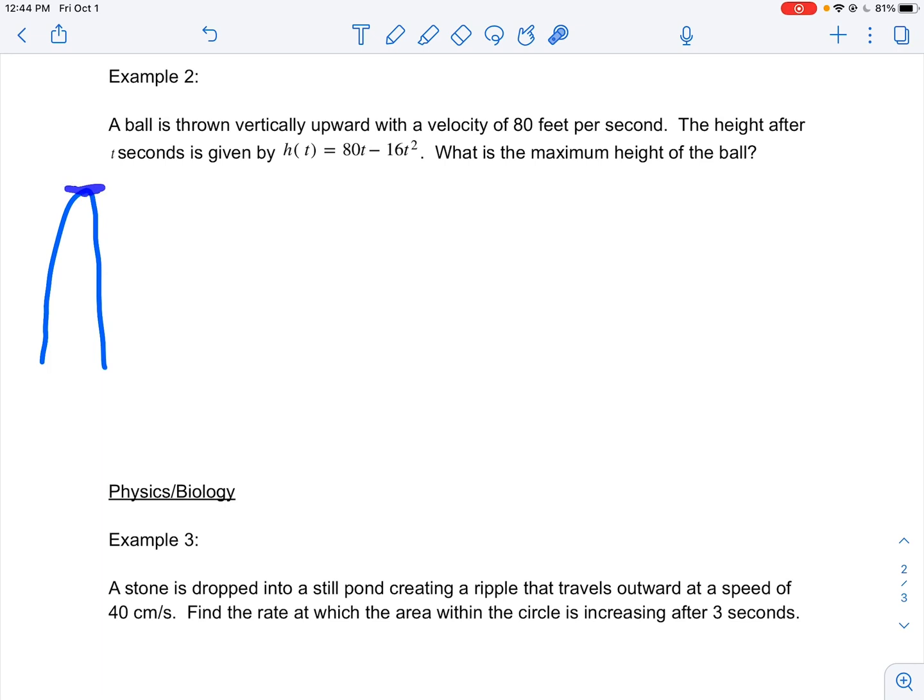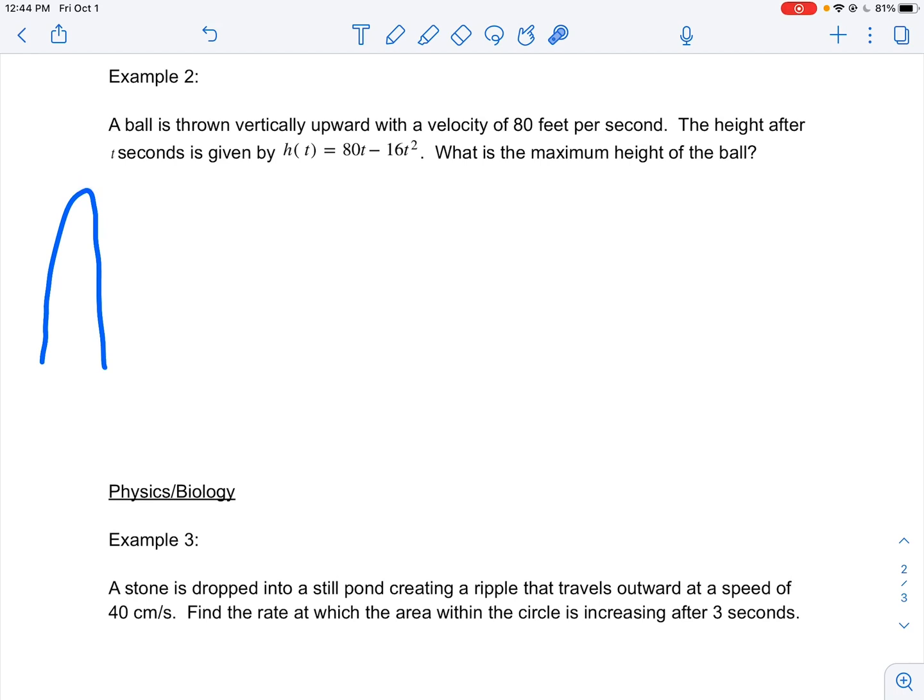This point right here, where it stops, that means at that moment, your velocity is equal to 0. Okay? You're not going forwards or backwards, you're stopped.